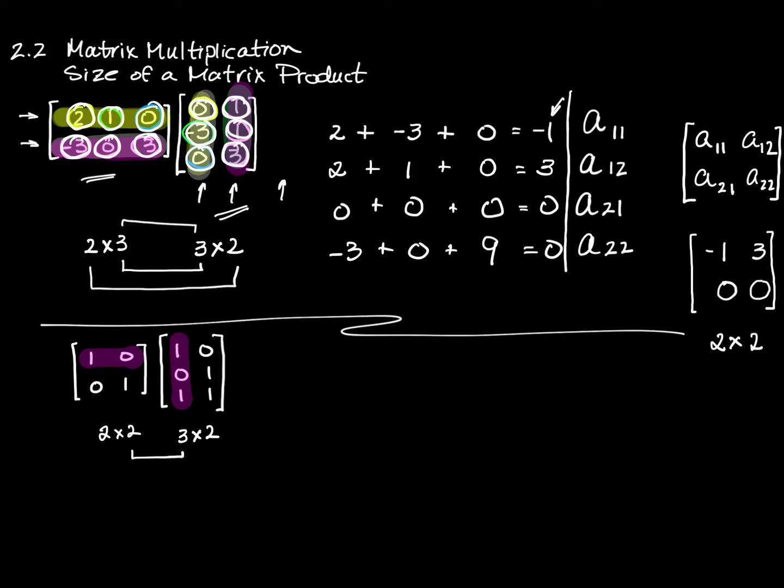But what that product is going to entail is multiplying each entry, 1 times 1, 0 times 0, and there's nothing here. There's nothing in a third column in the first matrix to multiply by this 1. So I don't even need to go any further. I'm not able to proceed with this multiplication problem. So that's why it's important that these two numbers match. In this case, they don't, so I can't do this problem.